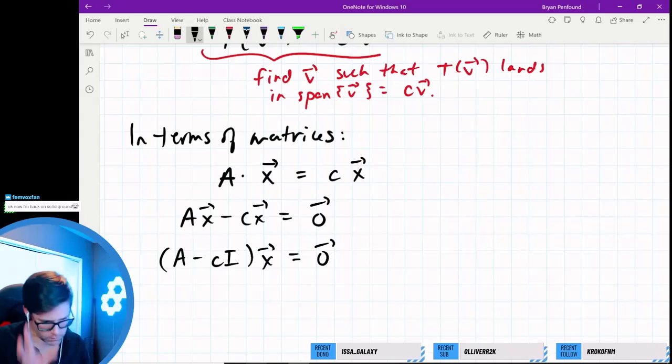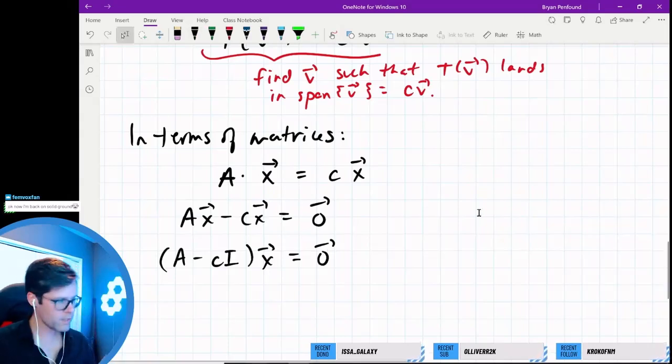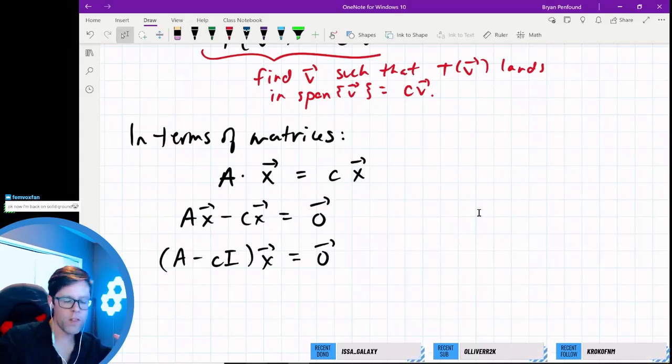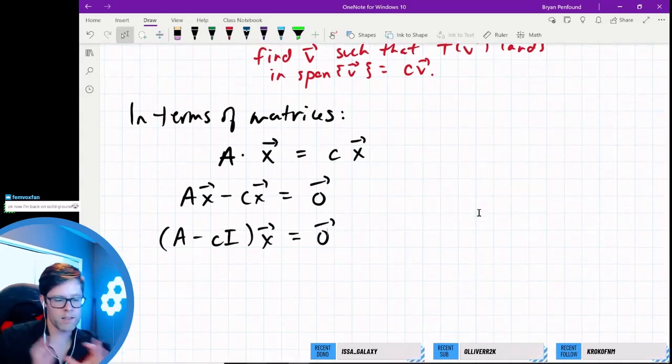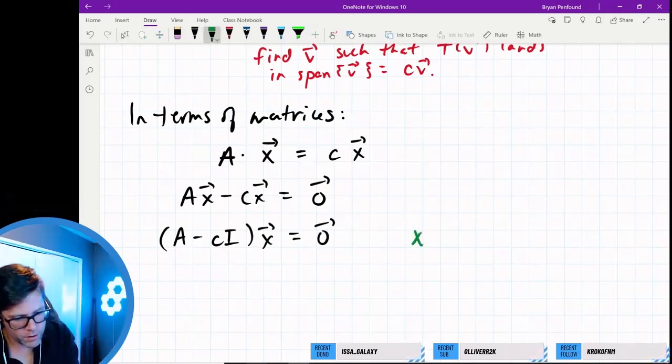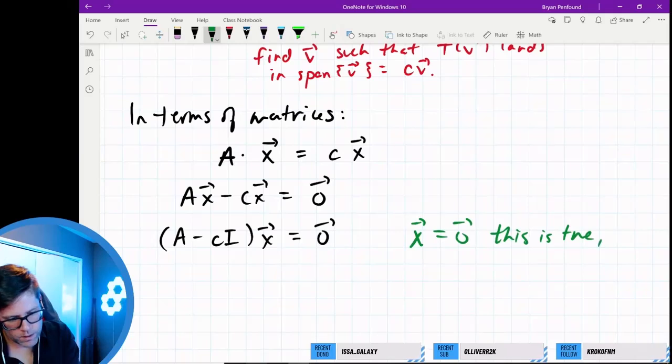Just looking at this, and based on the conversation in the chat, we know that x equals 0 is going to satisfy this. We know that's going to be one of those subspaces that's invariant. So that's maybe not an exciting thing to think about. Certainly if x is equal to the 0 vector, this is true. But we don't care about that. We want the good stuff.